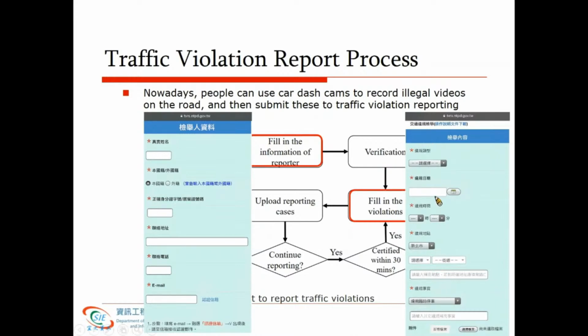Second is to provide the evidence. The date, time, and location of the violation must also be attached to the evidence information. The 2 figures are the website for reporting traffic violations in New Taipei City.